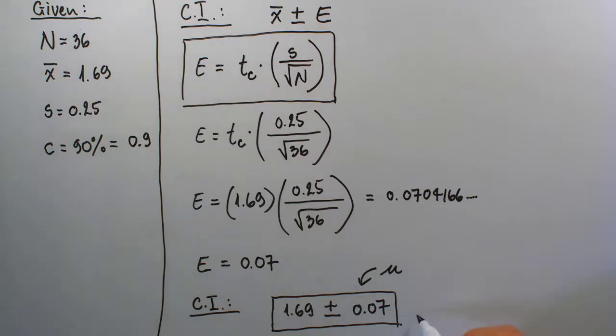And further, we can also do a quick little math, as I have explained in our general lecture. We can subtract this margin of error from our sample mean to get the low end of the interval. So 0.07 subtracted from $1.69 gives us $1.62, and that's the low end for our interval.